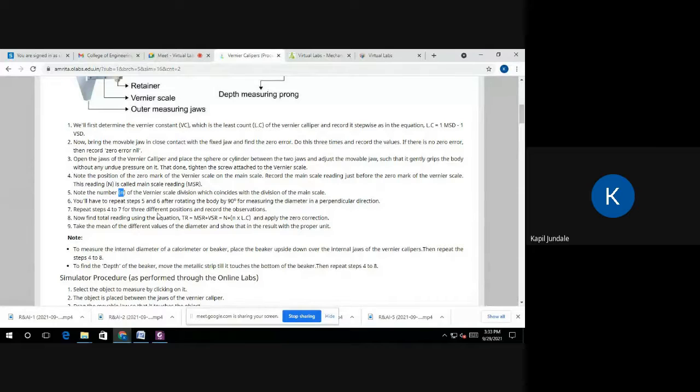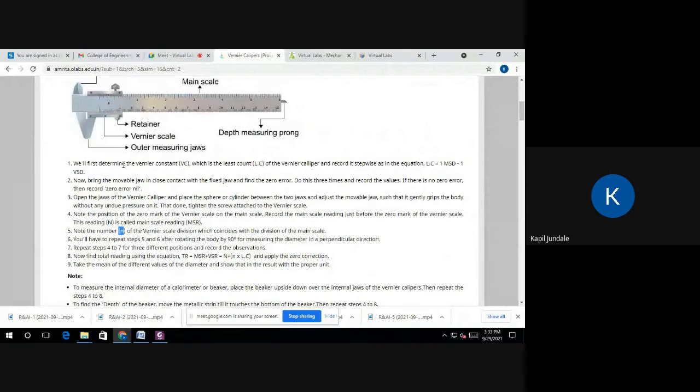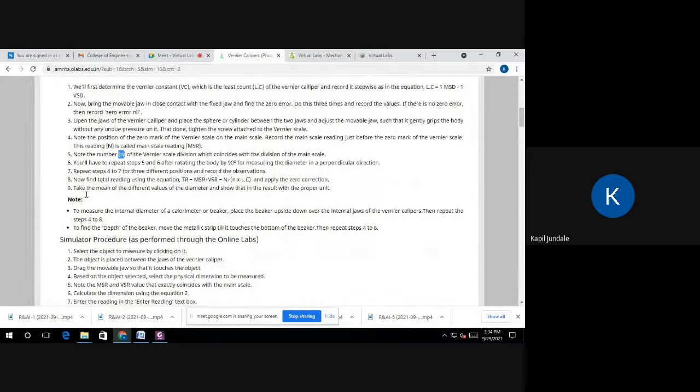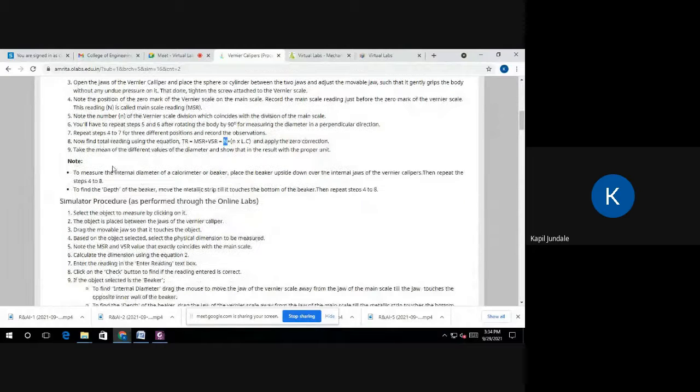Repeat steps 4 and 7 at 3 different positions and record the observations. Means we have to check the object at various points by rotating it. Next, find the total reading using the equation: total reading is equal to main scale reading plus vernier scale reading, capital N plus small n into the least count. Take the mean of the different values of diameter and show the result with proper unit.